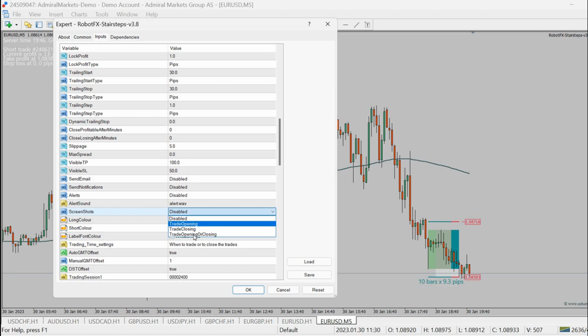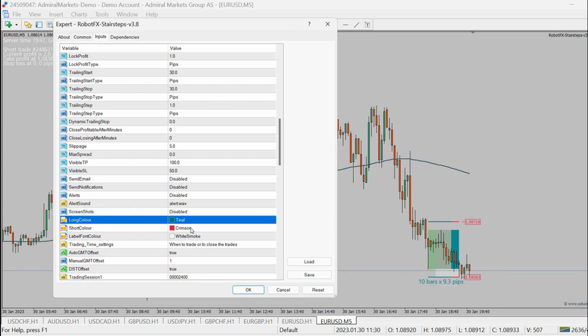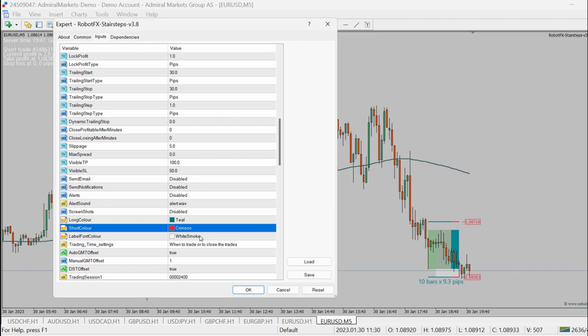Screenshots, if you want the expert advisor to take screenshots whenever it opens or closes the trades, or both. And we have also the possibility to choose the long color and the short color. Well, classics are green or red, or teal and crimson. And of course the label font color, in my example set to white smoke.